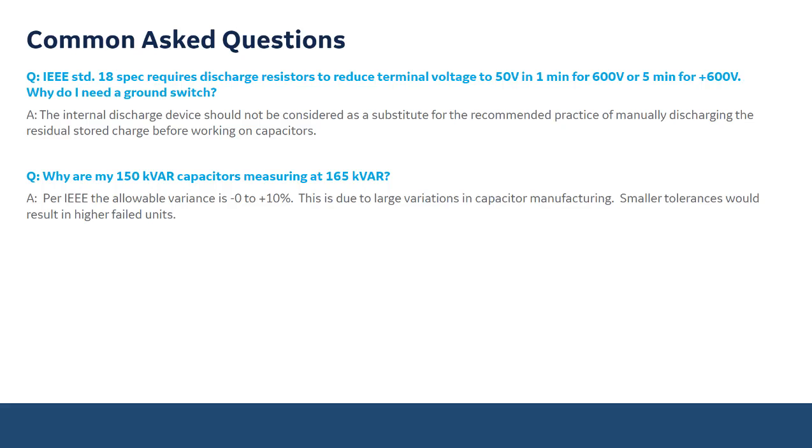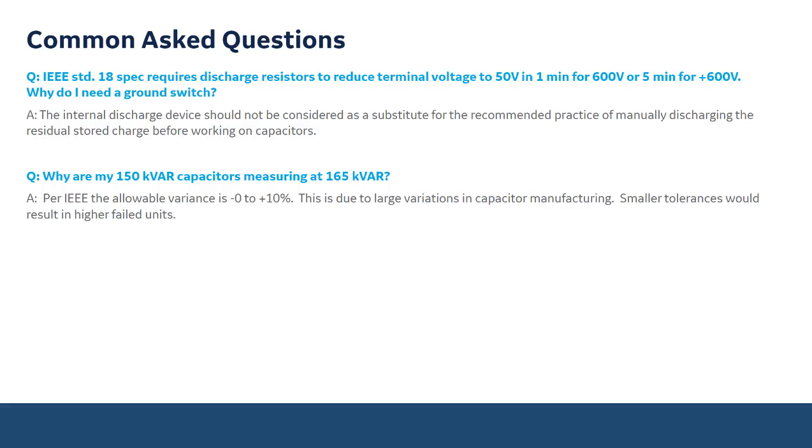The question: why are my 150 kVAR capacitors measuring at 165 kVAR? Per the IEEE allowance, the variance is -0 to +10%. This is due to large variations in capacitor manufacturing. Smaller tolerances would result in more failed units.